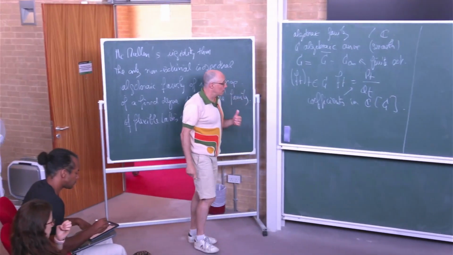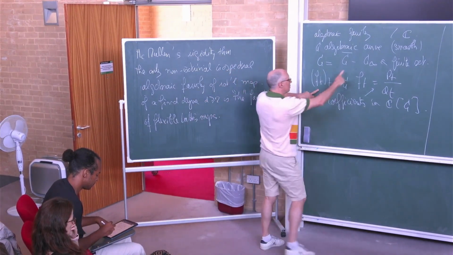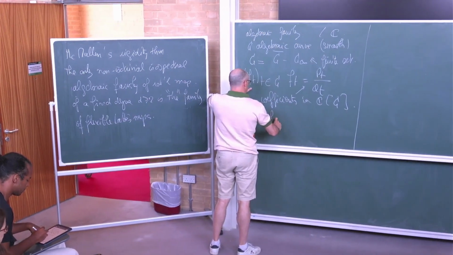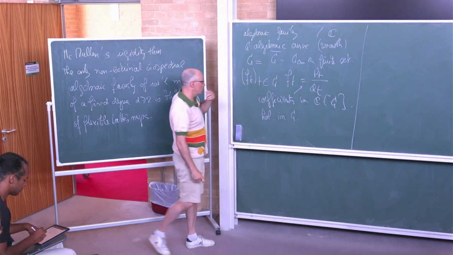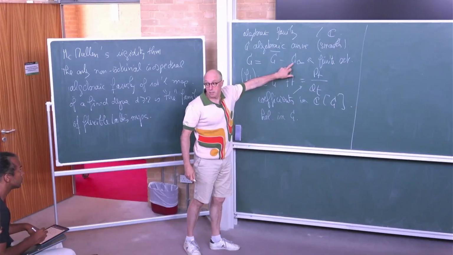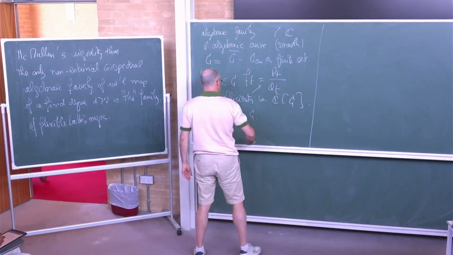If you don't like this, there is another way to state this: they are holomorphic functions on the Riemann surface attached to C that are meromorphic at any point in C infinity.